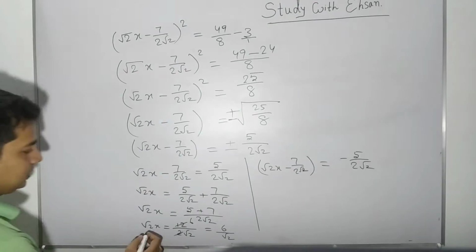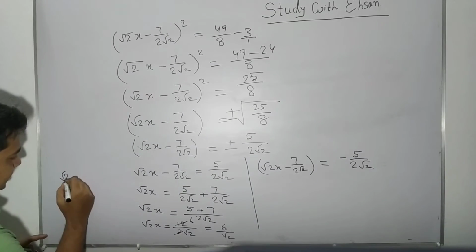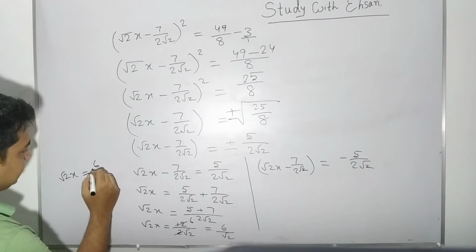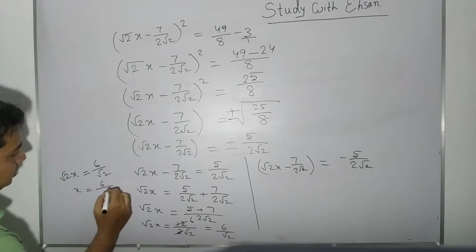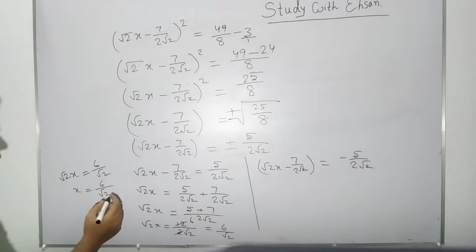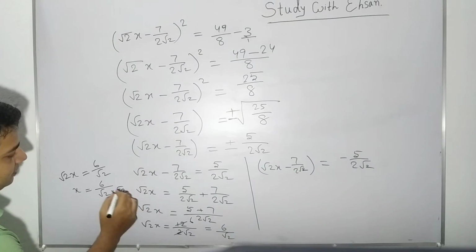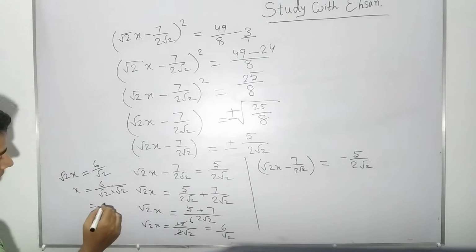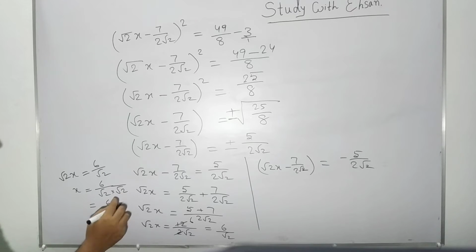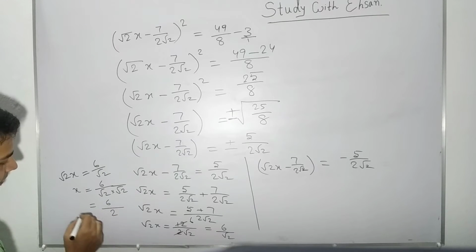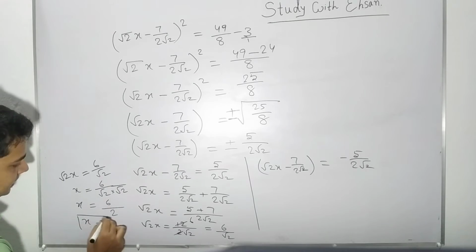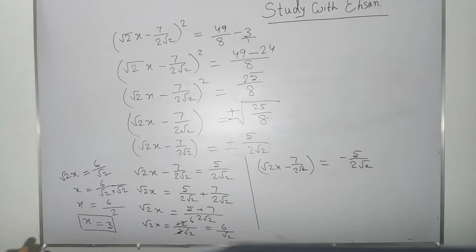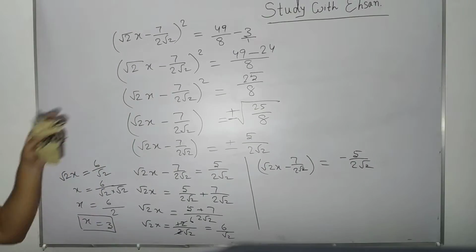Let me write here: root 2x equal to 6 upon root 2, and x will be 6 upon root 2, and when this root 2 comes here, it will be in division. Then 6 upon, and root 2 when multiplied by root 2 is 2, and x equals 6 upon 2, that is 3.